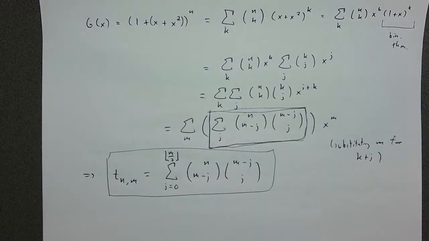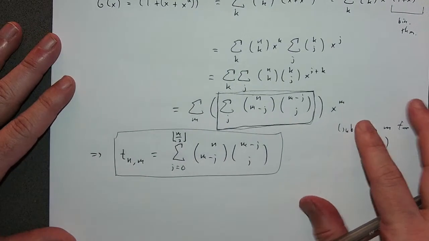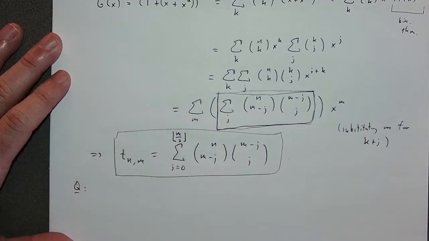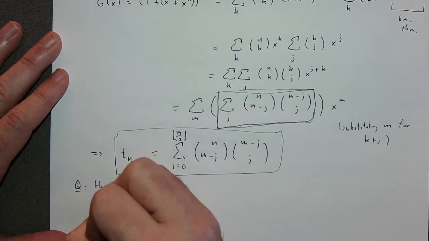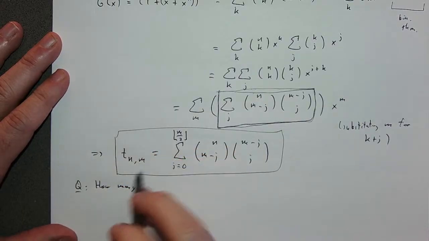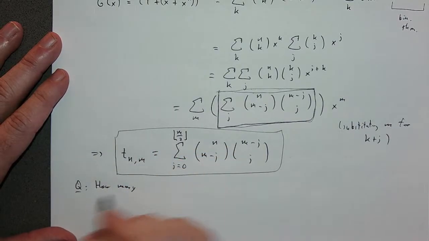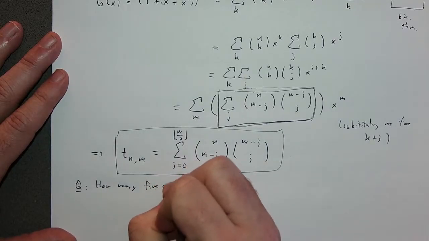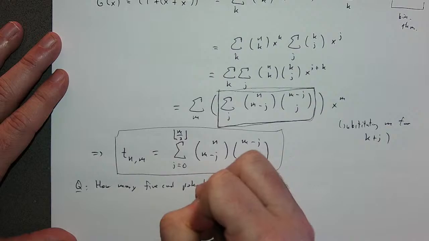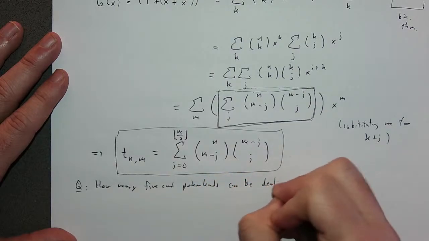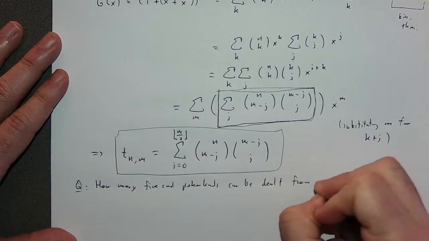Okay. So then my original question was, how many 5-card poker hands can be dealt from a double deck? Of course, now I'm prepared to answer a more general thing, but this was my original thing that I was interested in. So how many 5-card poker hands can be dealt from a double deck?